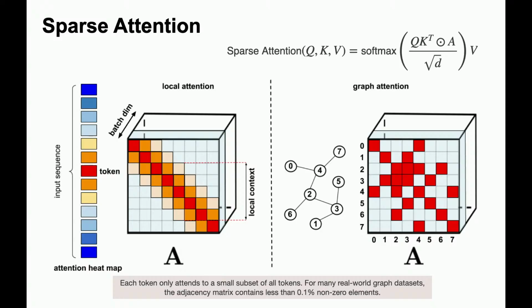So you can think of each of these rows as nodes, and the non-zeros are the neighbors in your graph. So in this case, your sparsity is also irregular and unstructured. And for many real-world graphs, it's very highly sparse. The number of non-zeros is less than 0.1%. So these are 99.9% sparse matrices.